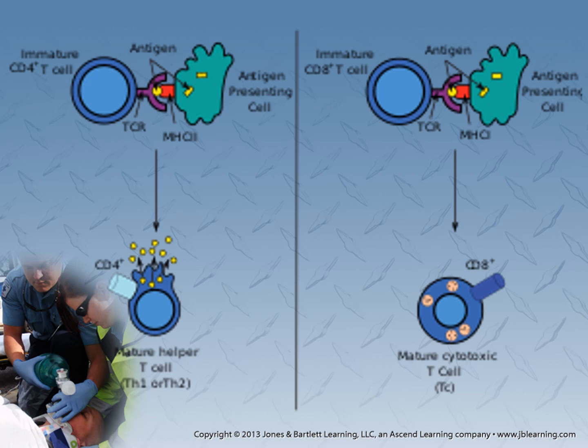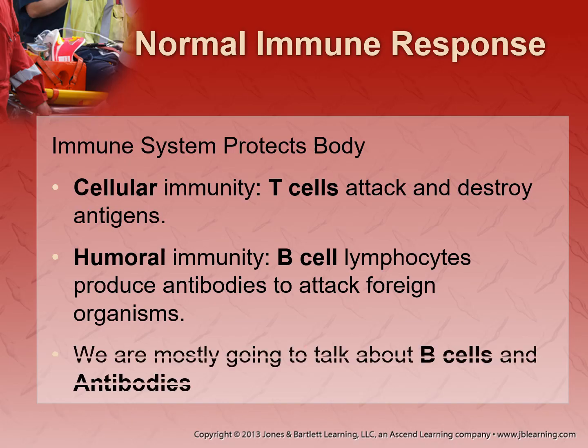As it's immature, it'll come across something that it sees as non-self, that antigen, and then become a mature T cell. And so that mature T cell could become a helper T cell, or it could become another killer, direct cytotoxic kind of cell. These help the B lymphocytes also become the B lymphocyte that they want to become, the antibody that they're supposed to become.